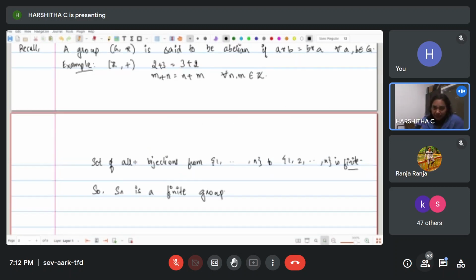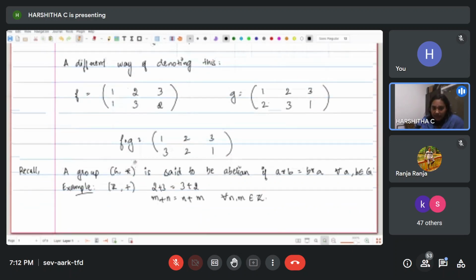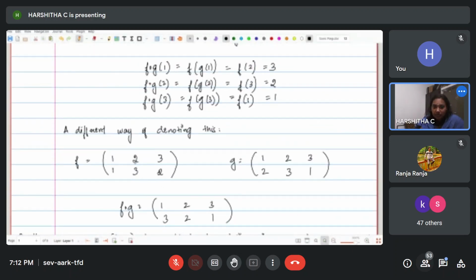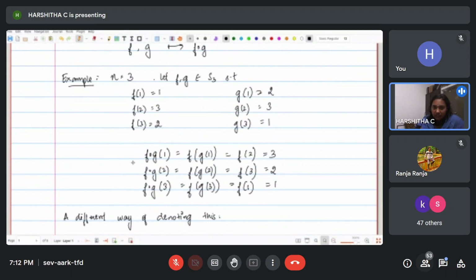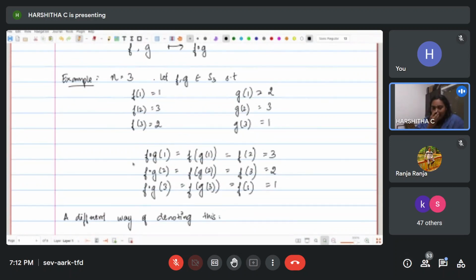So we'll take two functions and see if we do F composite G and G composite F, are we getting the same answer? Let's look at the function that we have taken.